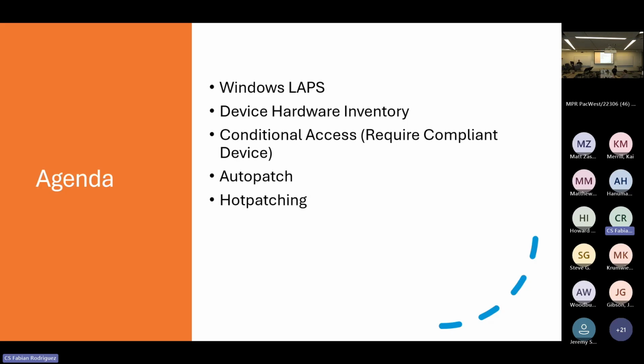And then we also have conditional access. I think this is going to be important. I'm only going to cover a small aspect of it, but requiring compliant devices to access corporate resources, such as Exchange, Teams, etc. I think this is pretty important just from the impact of it.